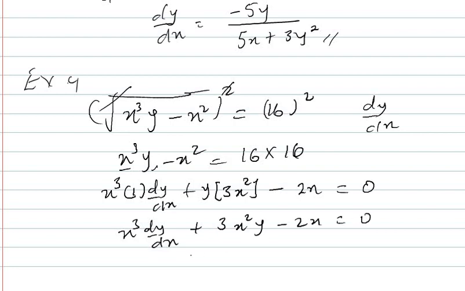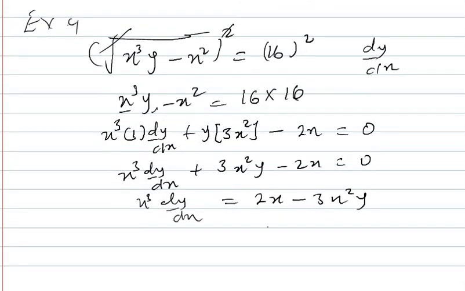From here we can shift this to the right-hand side. Negative 2x becomes positive 2x, then minus 3x squared y, and here we have x cubed dy/dx.